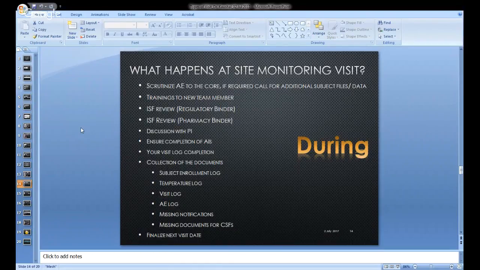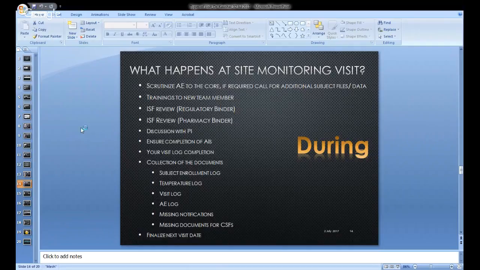Discussion with the PI. Towards the end of your visit, ensure that you have at least a couple of minutes where you would go ahead and discuss all the findings, all the issues, all the best practices with the principal investigator. Issues, findings, yes, very, very important to be solved. Best practices, keeping the site motivated.